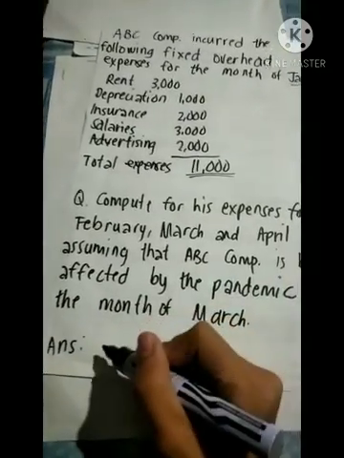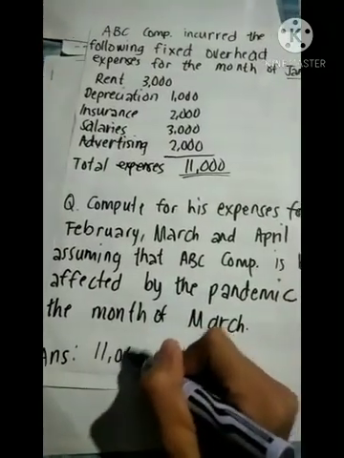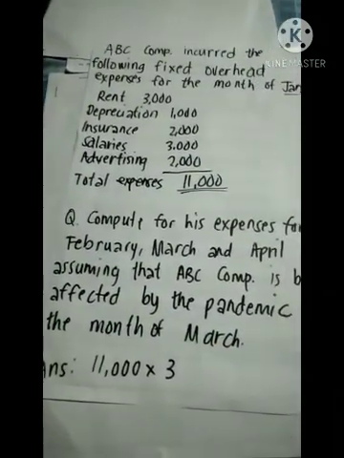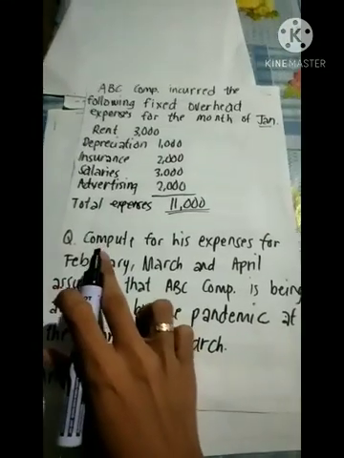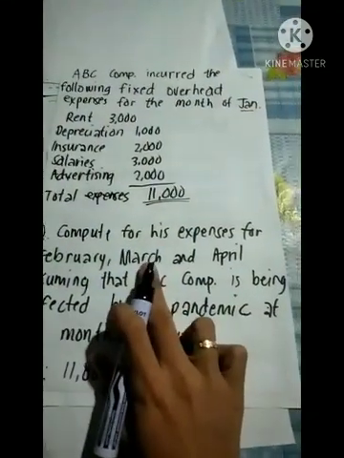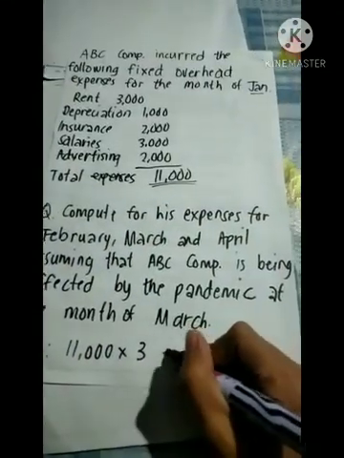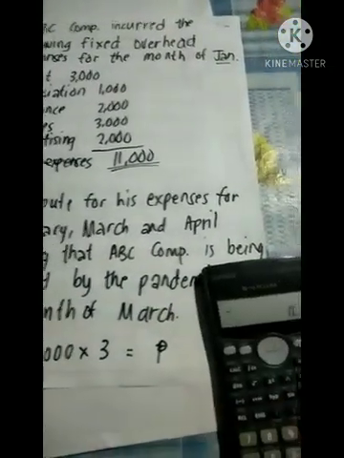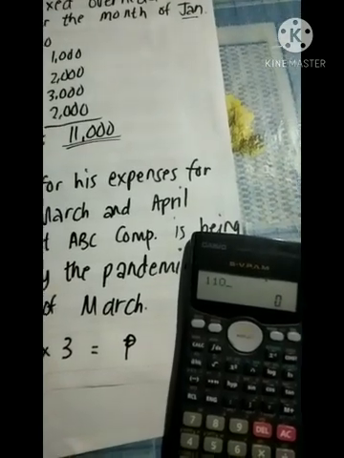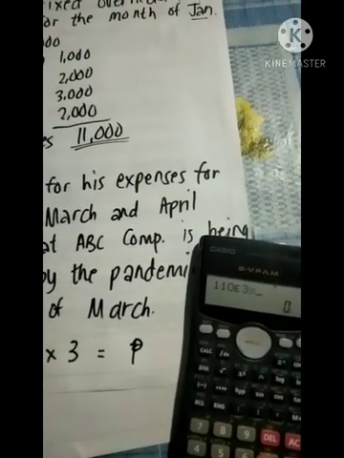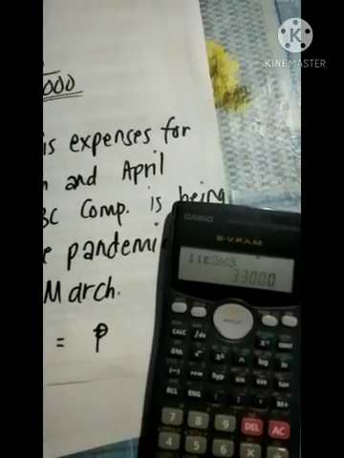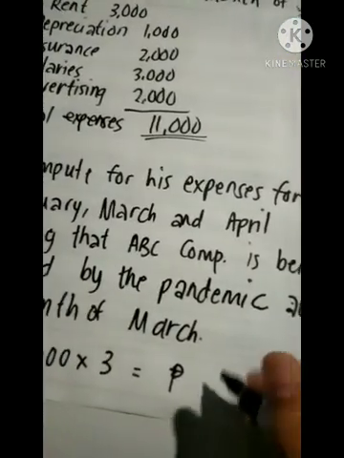So, the answer would be 11,000 times 3. Bakit 3? Dahil for the month of February, March, at April. So, 11,000 times 3 is equal to ilan? 11,000 times 3 is equal to 33,000.